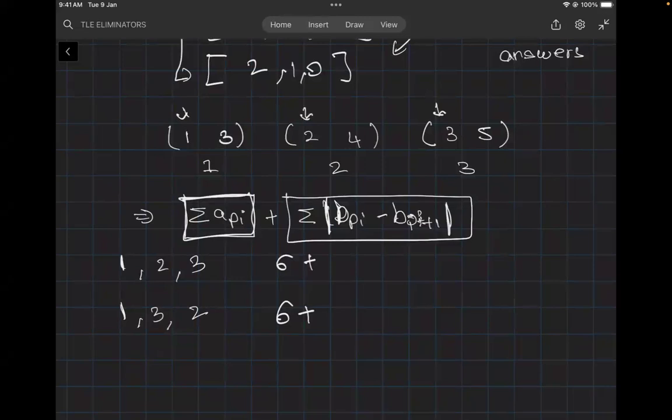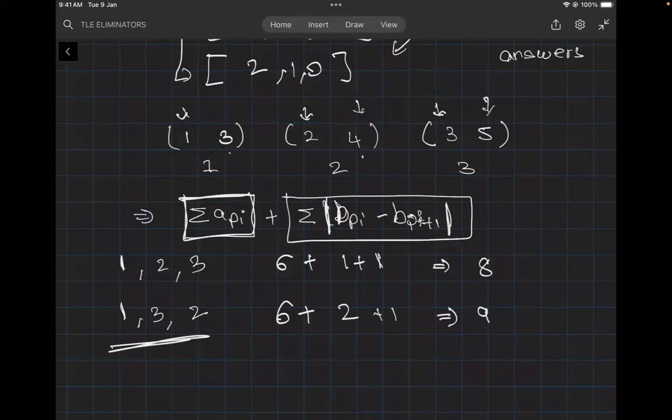When I take 1, 2, 3, 4 minus 3 is 1, right? After that, 5 minus 4 is 1. Now, when I take 1, 3, 2, 5 minus 3 is 2, right? And 5 minus 4 is 1. So in this case, my answer was 8, and in this case, my answer was 9. So do you guys observe that the order which I take really matters?